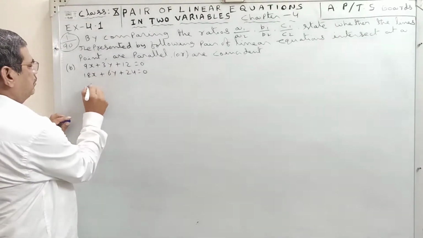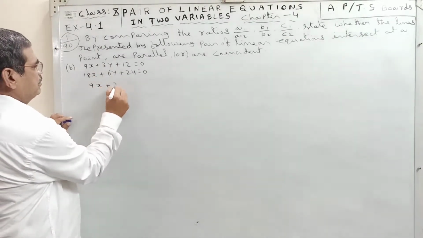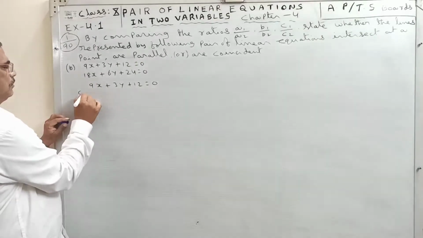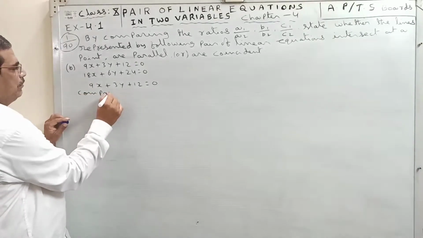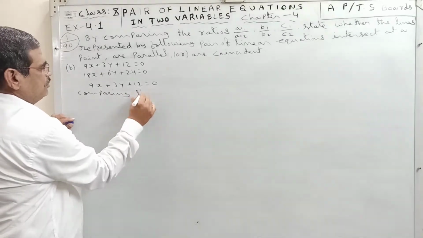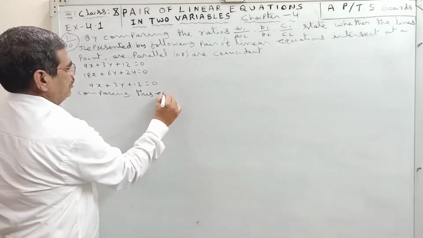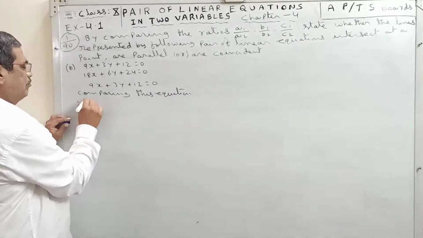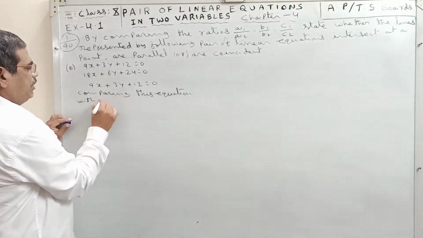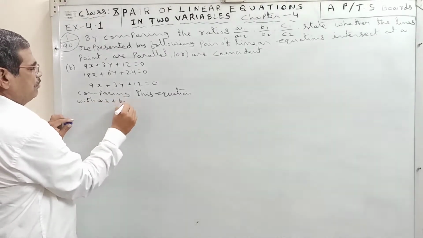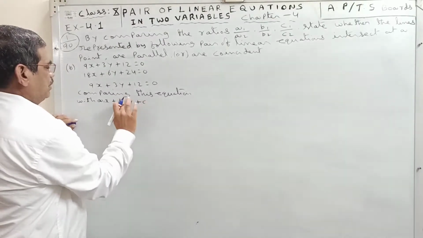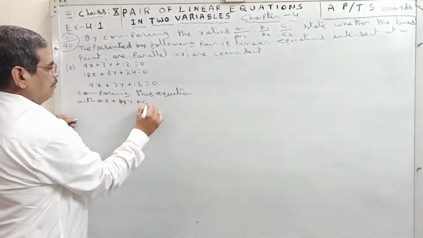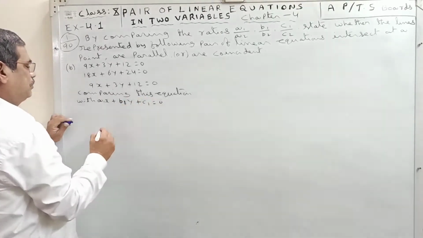First equation: 9x plus 3y plus 12 is equal to 0. Comparing this equation with a1x plus b1y plus c1 is equal to 0.